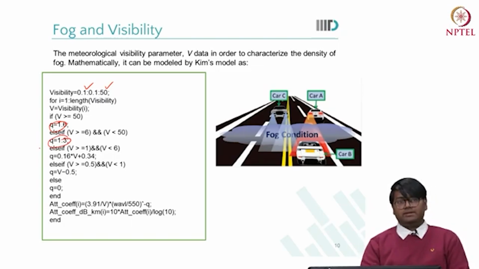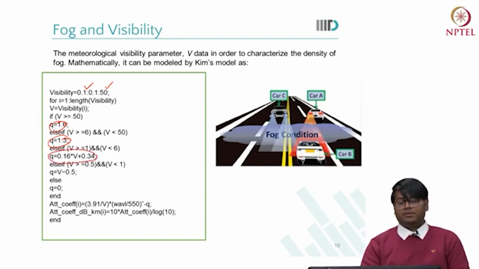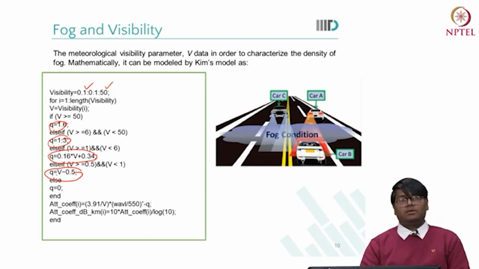And if your visibility is greater than 1 kilometer and less than 6 kilometers, then we implement this delta function. And in other cases, when you have the visibility parameter greater than 0.5 kilometer and less than 1 kilometer, then we implement delta to be V minus 0.05.